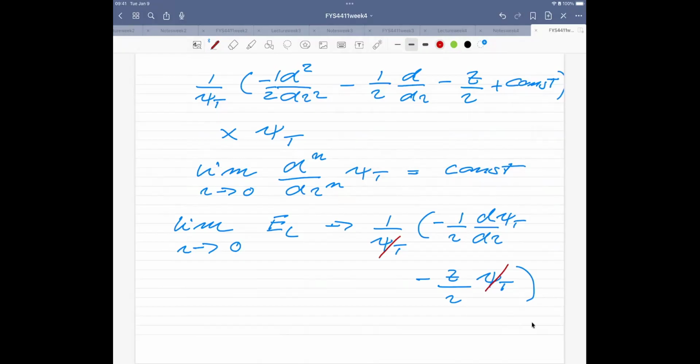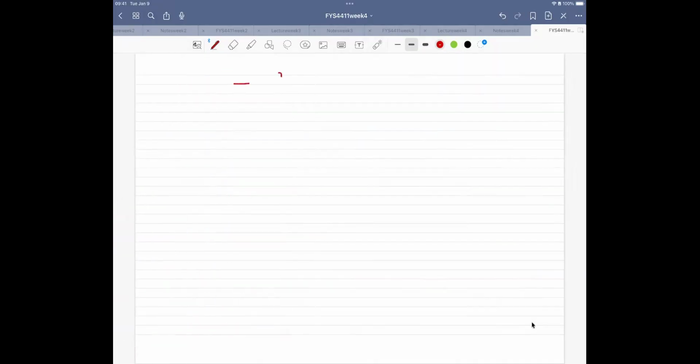So what I'm left with, we want these to cancel each other. So we want 1 over r of d psi t d r to be equal to z over r times, and now we don't have any psi of t. So this simply leads to minus d psi of t, d r, equal to minus z, plus c.